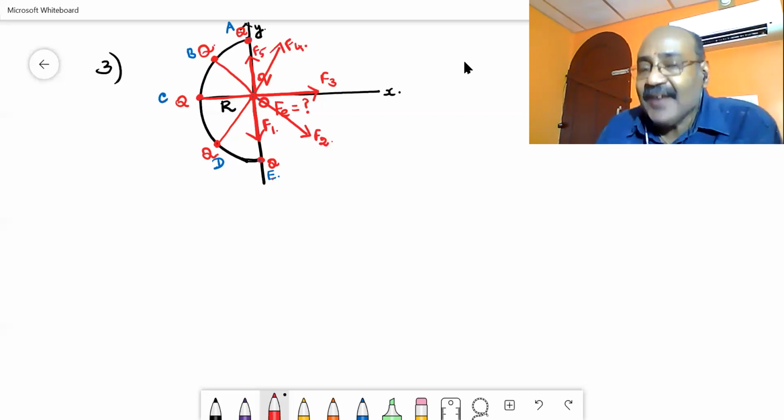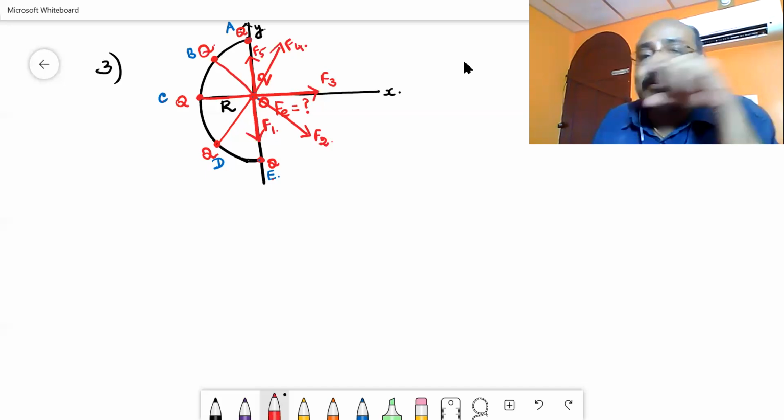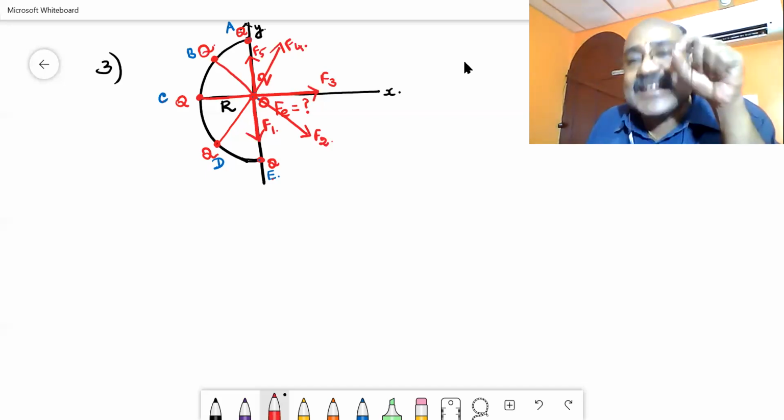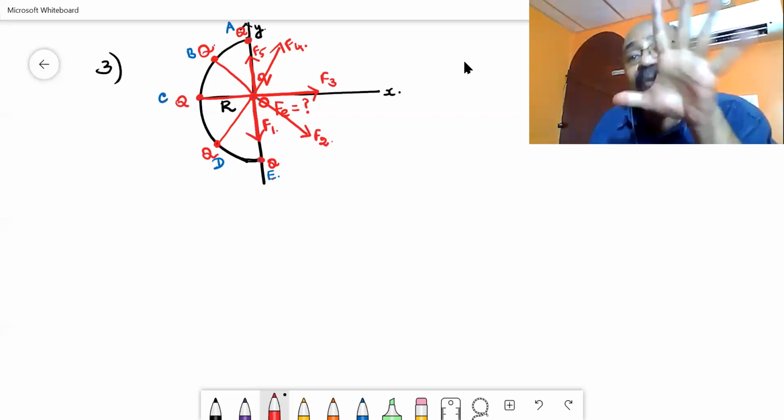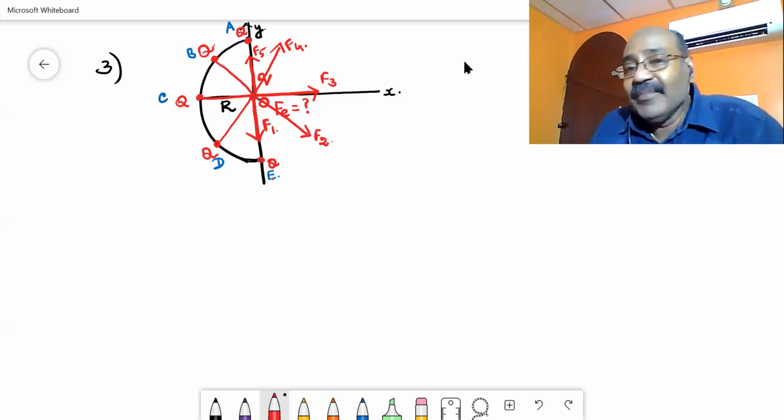So we can say that on the charge small q placed at the center of the circle, 5 forces are acting.